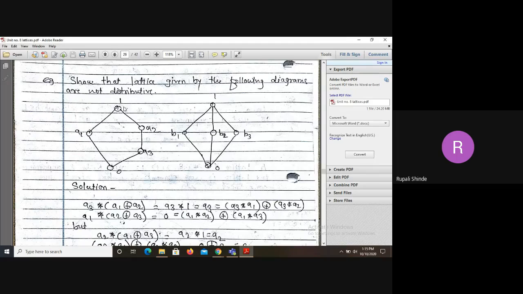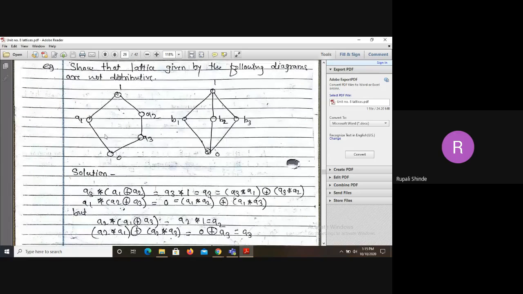We can apply the distributive property here. First we consider A1 as the first element: A1 * (A2 XOR A3). On the remaining two elements, A2 and A3, we apply XOR.